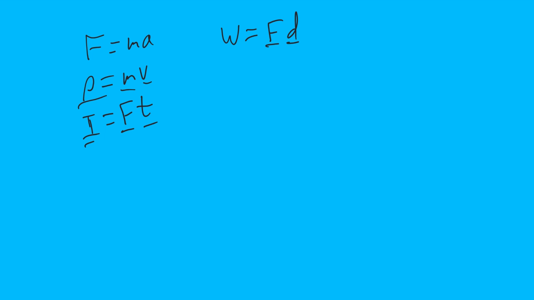So let's consider a couple of examples. So what about a weightlifter? Let's increase the size of our letters to represent how large the values are. Well, if I have a weightlifter and they're going to be lifting heavy weights off of the ground and above their heads, right? I would say that they are exerting a lot of force, right?